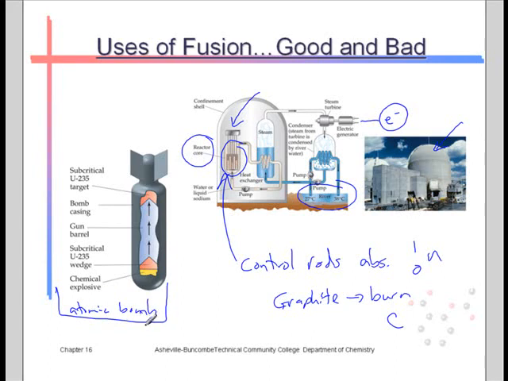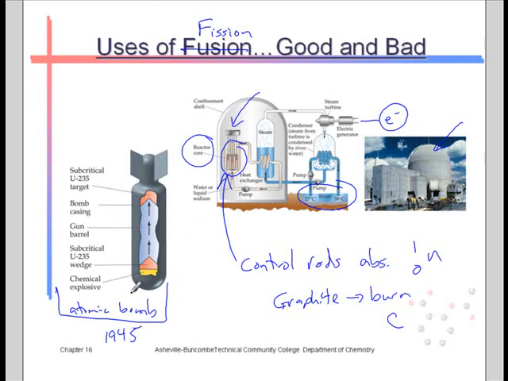The two bombs that have been used in warfare in 1945, in Hiroshima and Nagasaki, were fission bombs where the uranium was breaking apart, and they didn't care. They don't want that reaction under control. They want it to take off. And so what you get is the mushroom cloud.